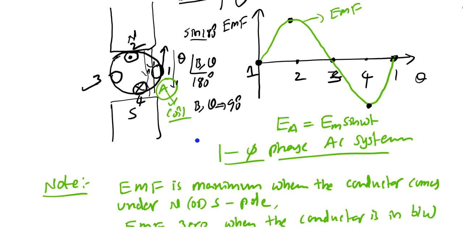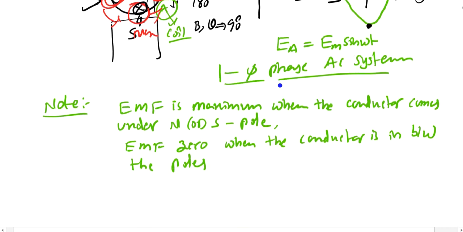If you see here, when the conductor reaches the north pole or south pole, the EMF is maximum, and whenever the conductor is in between these two poles, here and here, the EMF is 0.